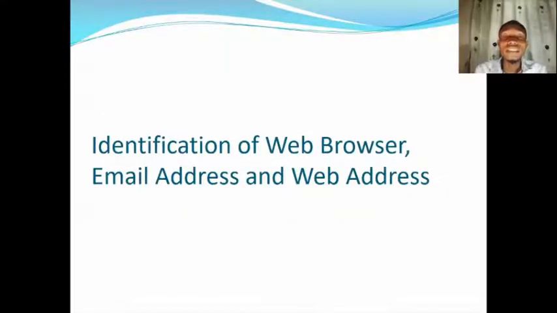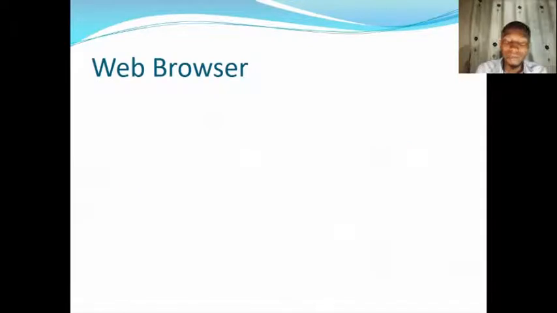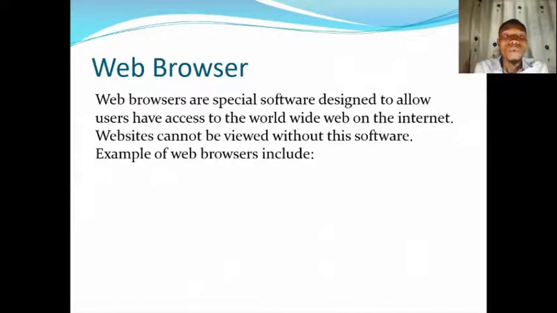Next is the identification of web browser, email address, and web address. So let's look at the first, web browser. What is a web browser? Web browsers are special software designed to allow users to have access to the World Wide Web on the internet. Websites cannot be viewed without this software.